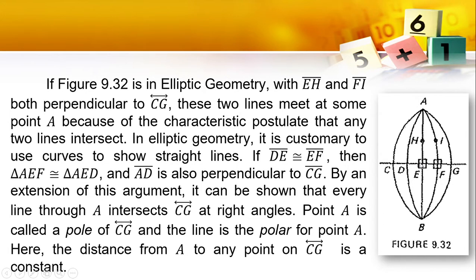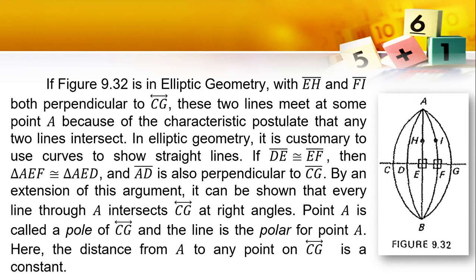We have DE and EF as congruent, so first side BE is congruent to line EF. Then the right angles: by the definition of right angles, all right angles are congruent. Then AE, with reflexivity, is congruent to itself. So SAS, side angle side.